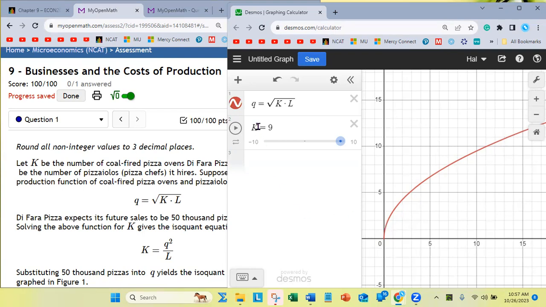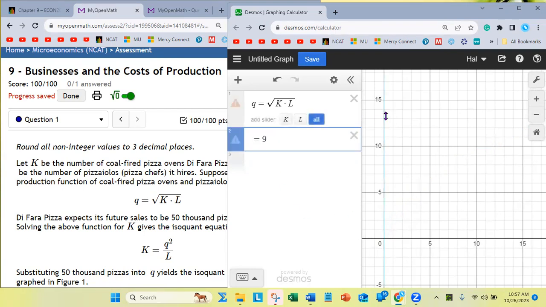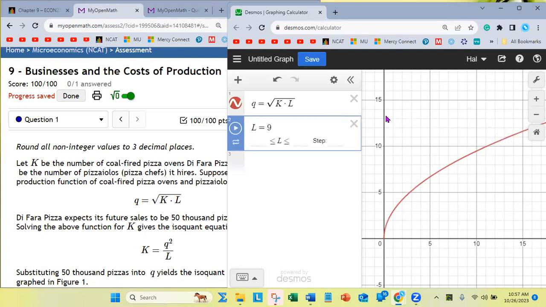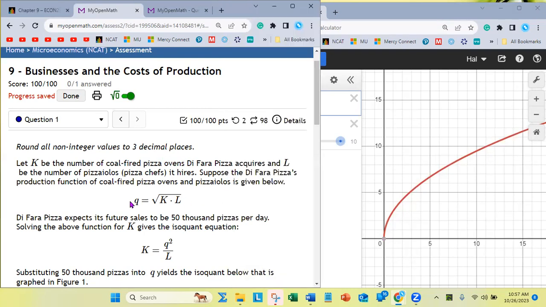Now I could do the same thing with labor, right? If I held my labor constant at 9, and the only thing that's changing here is capital, and as I add capital with a fixed amount of labor, again, I see diminishing marginal productivity, right? Okay, so that's the production function.